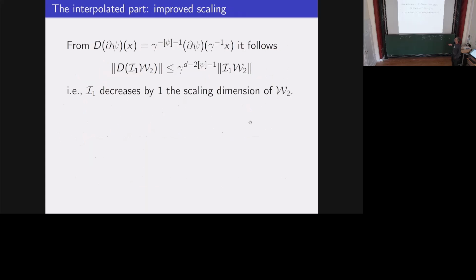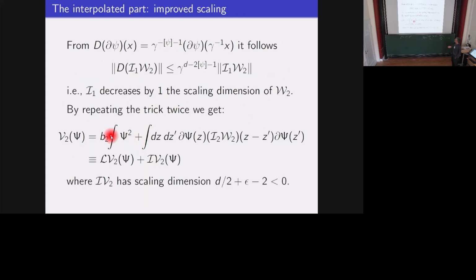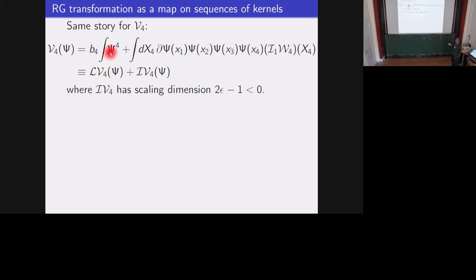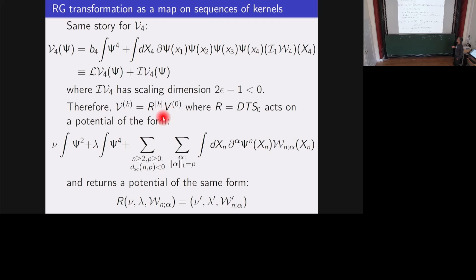I don't want to describe the details, but the idea is that both the quadratic and the quartic terms are written in a way in which we isolate a local quadratic or quartic term. These two terms have exactly the same structure as those we had originally in the bare action, plus terms that have extra derivatives that are irrelevant, have negative scaling dimension. So if we write things this way, we can always represent the effective potential as a sum of two terms that have exactly the same structure as the original ones, plus a formal infinite series of terms that are all irrelevant.